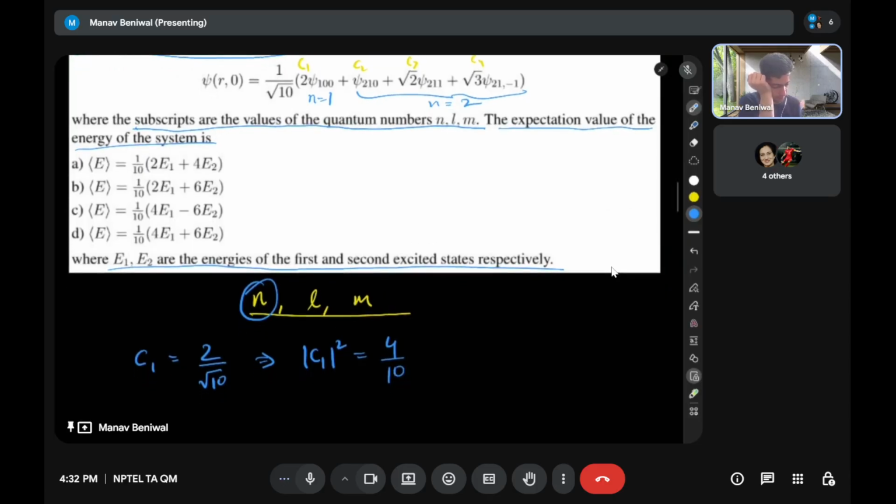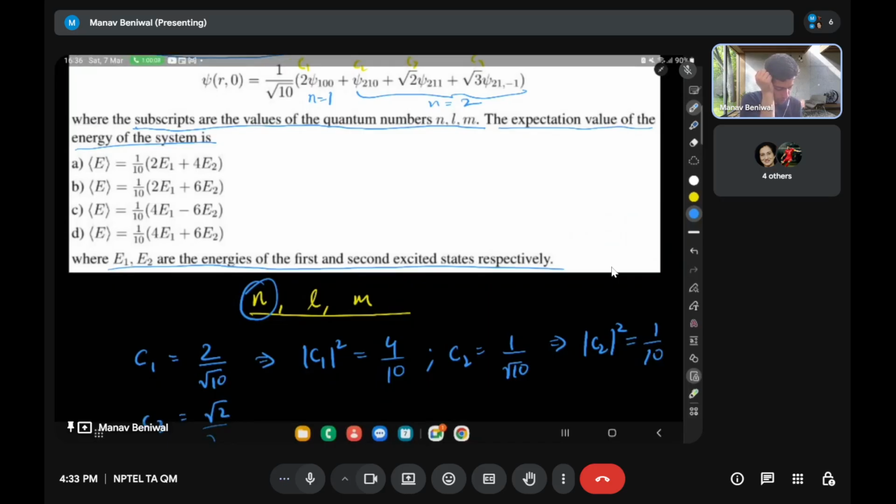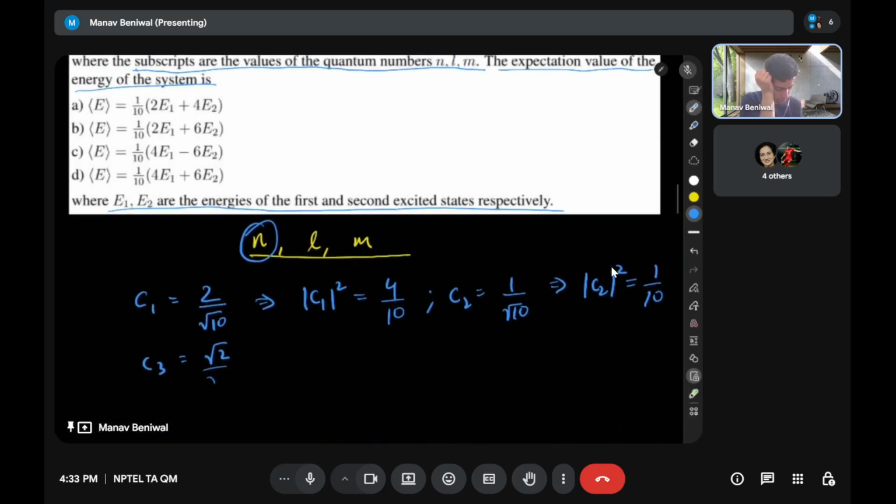Similarly, c2 is 1 by root 10, which implies mod c2 squared is 1 over 10. For c3 we'll have root 2 over root 10, which implies mod c3 squared is 2 over 10.